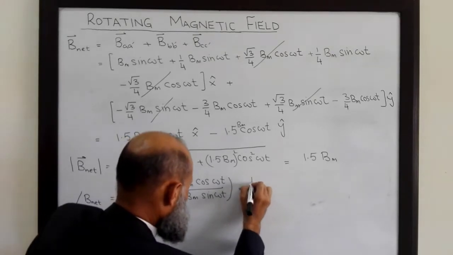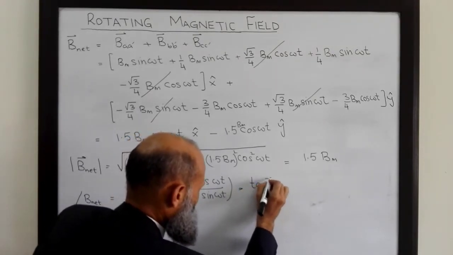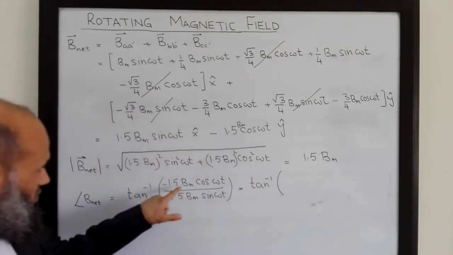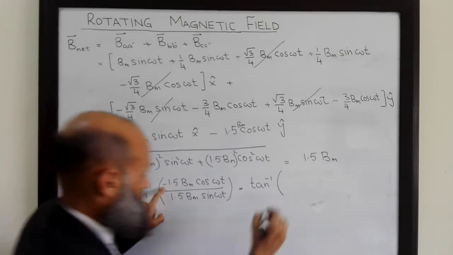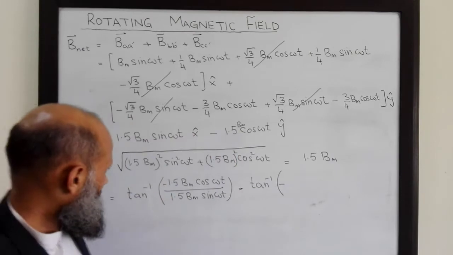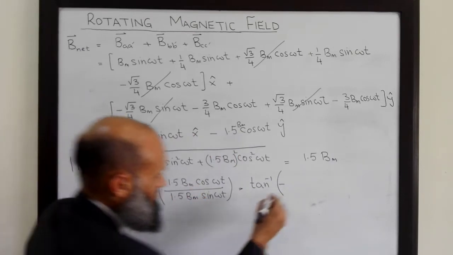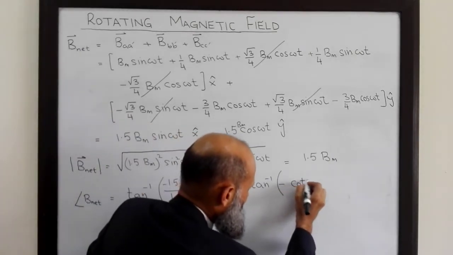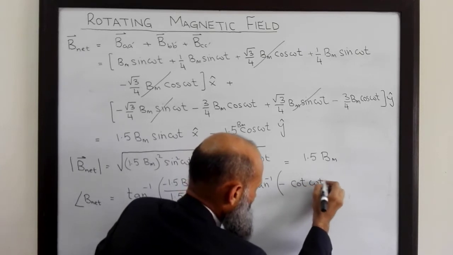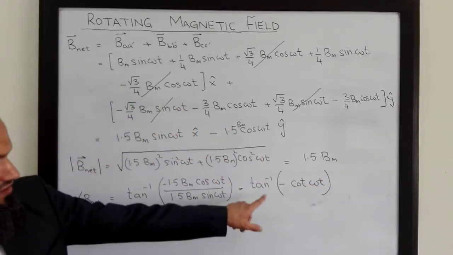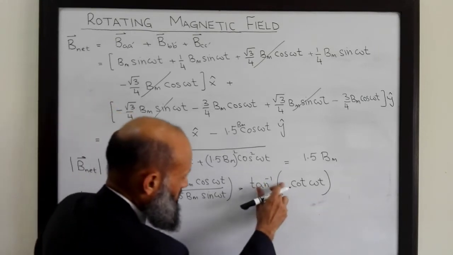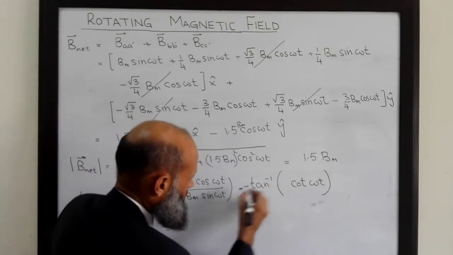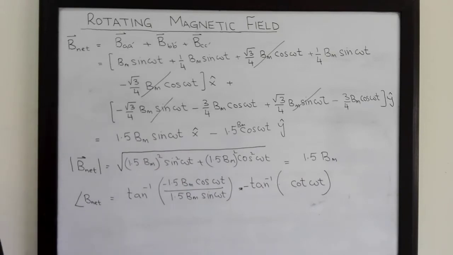which is equal to tangent inverse of, this is cancelled out with this one, minus cosine divided by sine is cotangent of omega t. Tangent inverse of a negative, that is the same as minus tangent inverse of this. So that is equal to this thing.